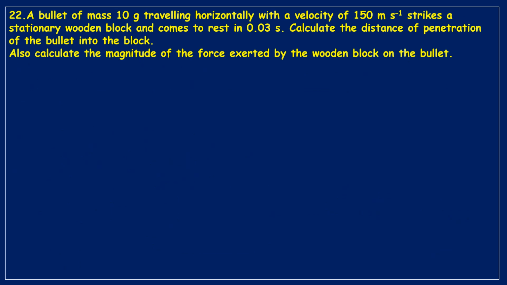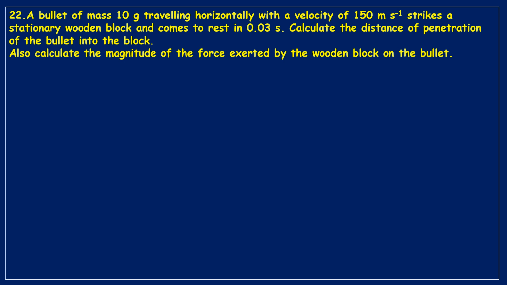Next, a bullet of mass 10 grams. Now here we have a different object, a bullet, a rifle bullet or gun bullet or revolver bullet. A bullet of mass 10 gram which is traveling horizontally straight with a velocity of 150 meter per second, right?